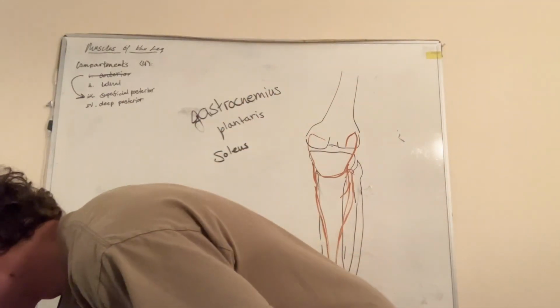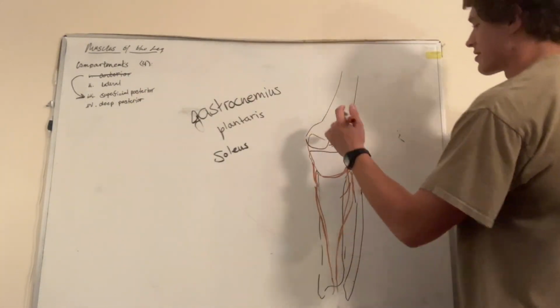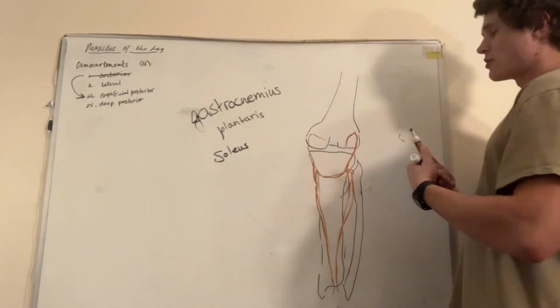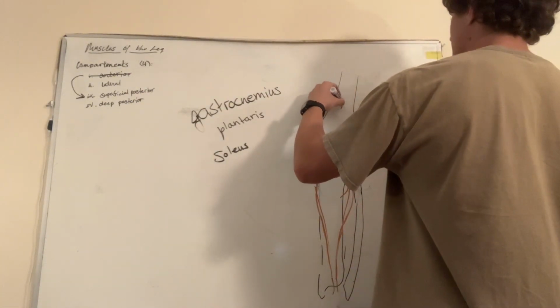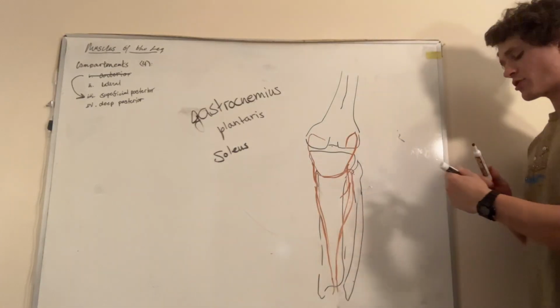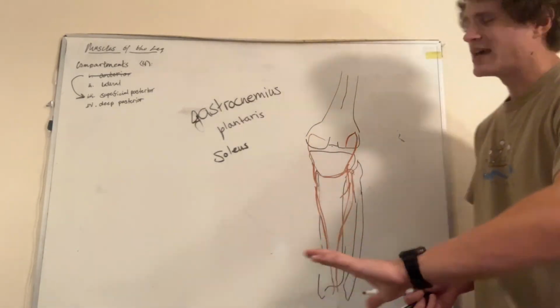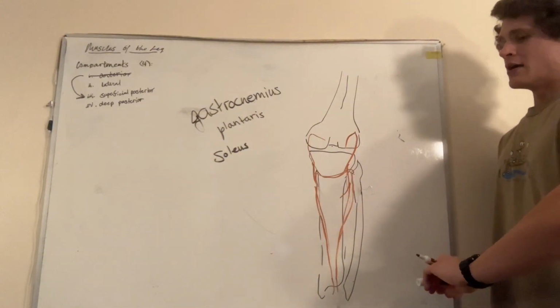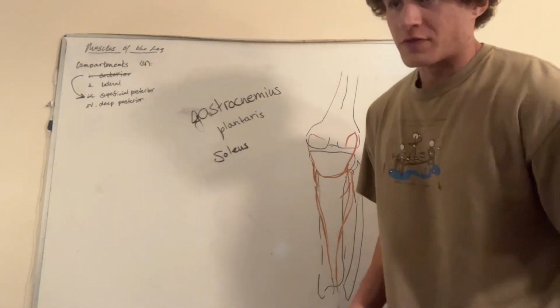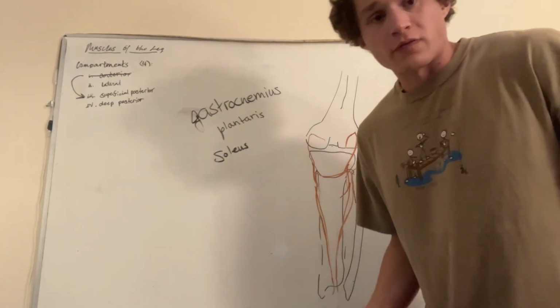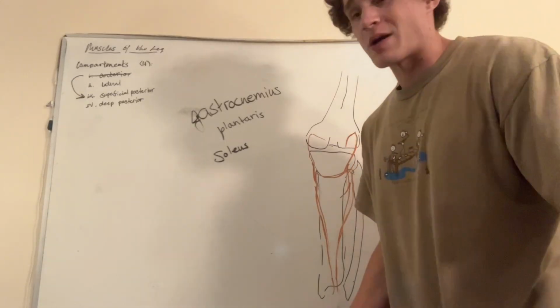Third of these is the plantaris. So, remember the linea aspera, right? The linea aspera was a bony landmark on the posterior shaft of the femur, and it was this bony ridge that goes up the back of your femur, and the origin of your vastus medialis and vastus lateralis wrap around.